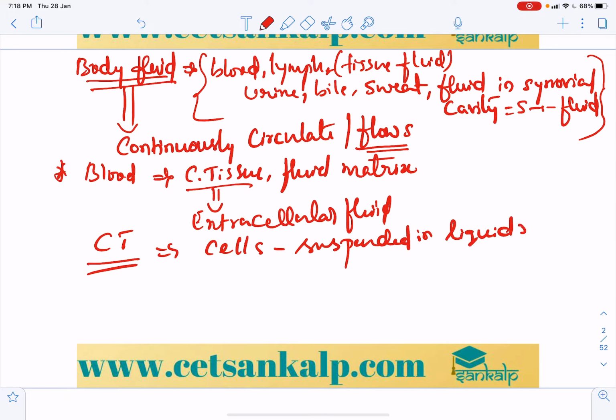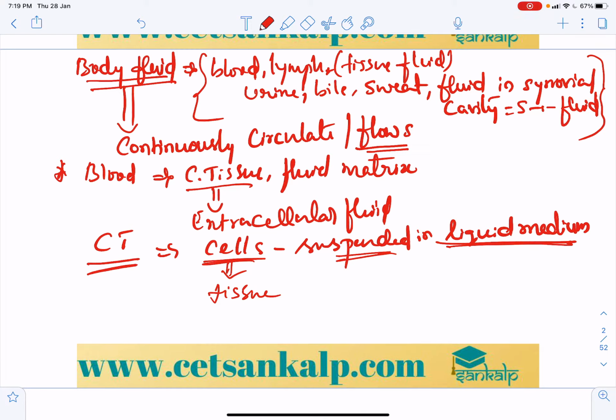Whenever we consider a fluid connective tissue, there will be cells, a group of cells, hence we consider it a tissue. It has a liquid medium, a liquid matrix, which is called plasma, that is blood plasma.